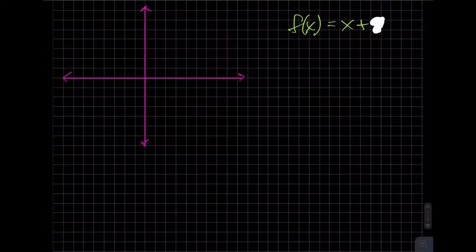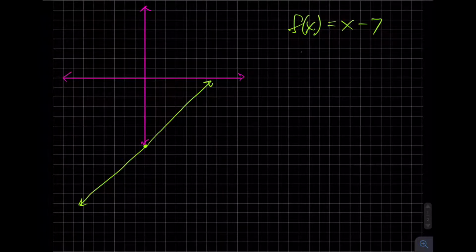Let's not make it 7, let's make it negative 7. And so that function looks like this. It crosses the y-axis right there and looks like this. Okay? So f of x equals x minus 7 is this function here.